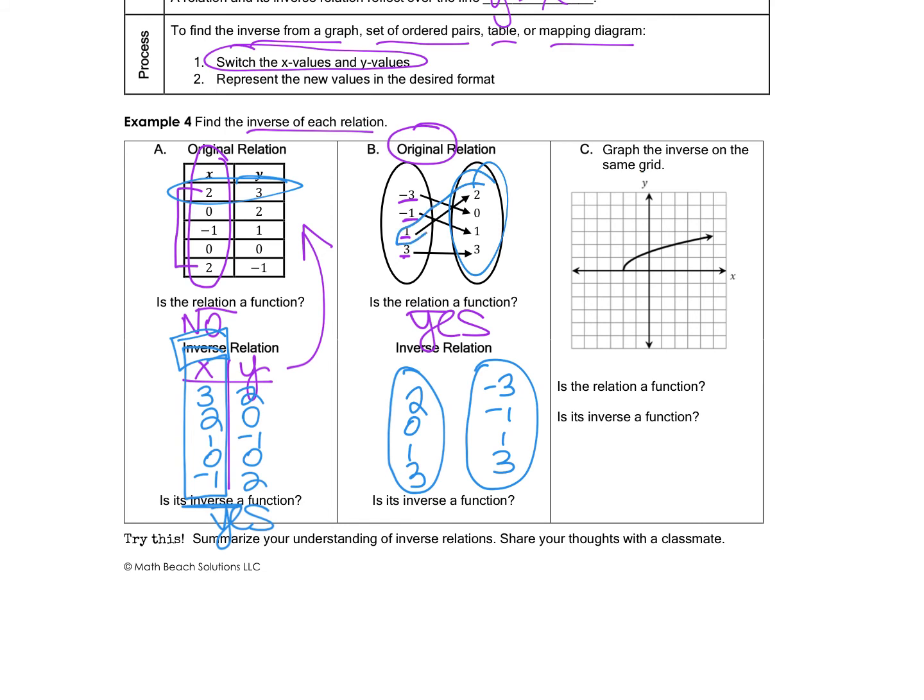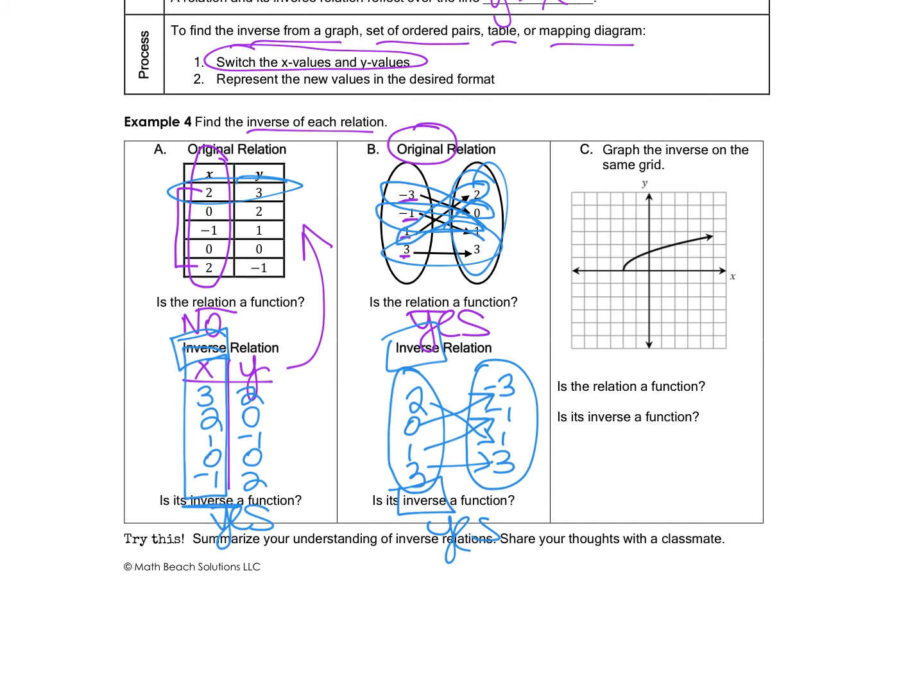So notice the 2 is going to the 1. And then we have the 0 going to the -3. We have the 1 going to the -1. And we have the 3 going to the 3. So actually that one really didn't change. Okay, so now we're looking to see if the inverse, which is this one that we just drew, is a function. So notice all of them have only one line drawn from them, so which means it is a function.